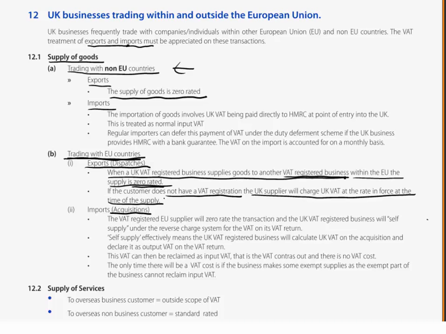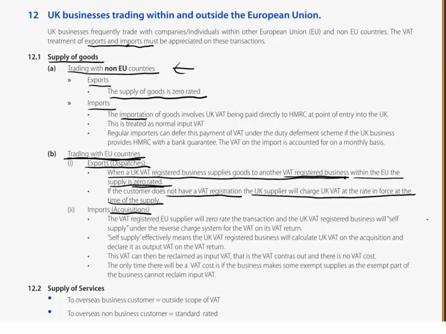Now this is where it gets a little bit more awkward and where we'll need to have our thinking caps on. Right, let's look first of all where we buy goods in from a non-EU business. So we've got an American supplier, a Malaysian supplier, an Indian supplier, an Australian supplier, whatever, and we buy in goods from those particular businesses in those countries.